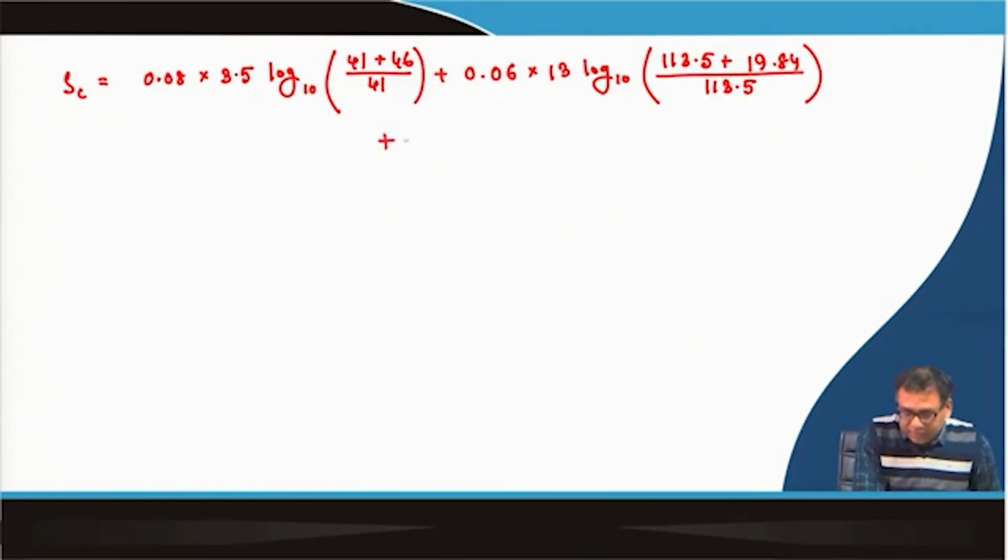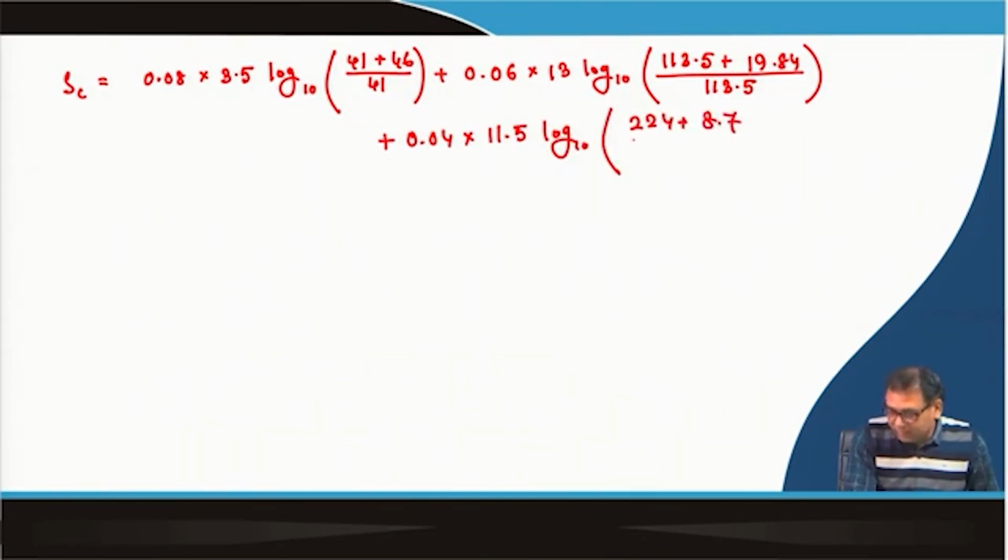Then for the third layer 0.04 into thickness is 11.5, then log 10 224 plus 8.7 divided by 224.